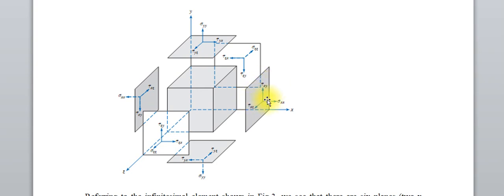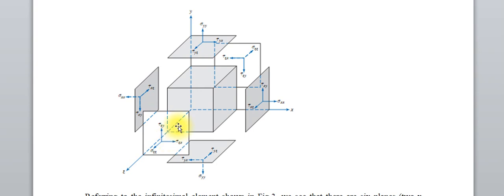For example, this is the right and this is the left, so this is the opposite direction. This is the same x plane, but this is the negative x plane. Positive x plane, negative x. This is left, this is right. This is top, this is bottom.